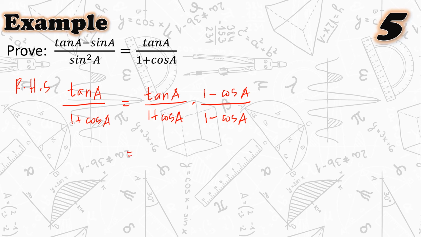In the numerator, we have tangent A minus tangent A cosine A. In the denominator, we have product of sum and difference. So we have the difference of two squares as a product. Therefore, we have 1 minus cosine squared A. Tangent A cosine A in the second term in the numerator can be simplified.